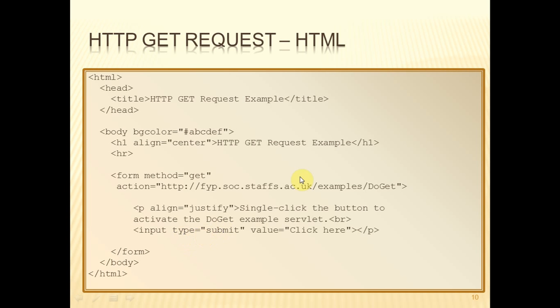The value, which is the text displayed on the face of the button, is "click here". So when that button is displayed on the web browser screen, clicking on it will send an HTTP GET request to the nominated servlet. That provides the functionality for the user to request the servlet to execute.